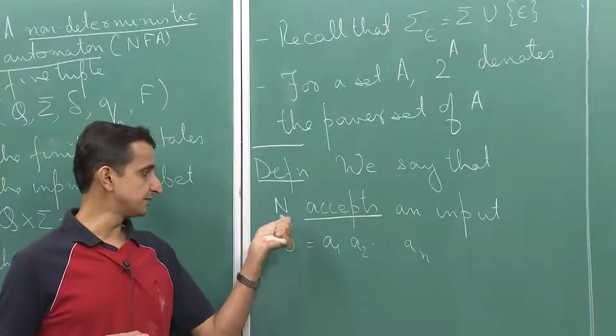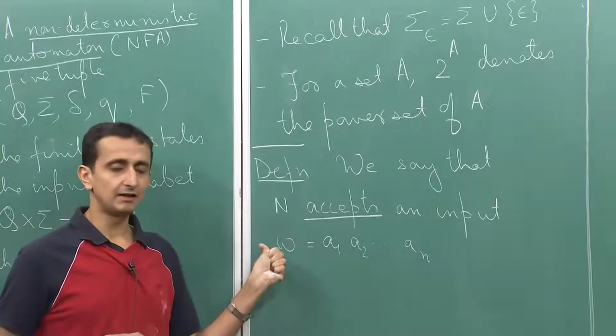When do we say that a non-deterministic finite automaton accepts W?